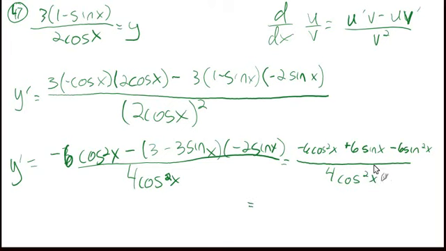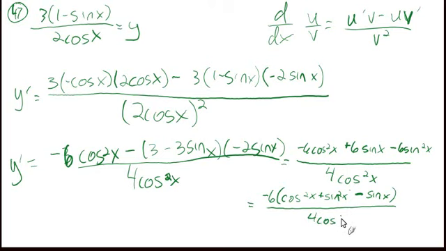And from all these, let's factor out a negative 6, and you'll see why. Negative 6, we're going to have here a cosine squared x, and here a positive sine squared x, minus a sine x. And this is 4 cosine squared x.